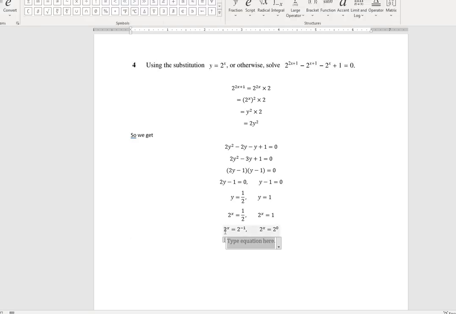If 2 to the power of x equals 2 to the power of negative 1, the base on the left equals the base on the right, which means the power on the left must be equal to the power on the right. So x must be equal to negative 1. In the same manner, you can solve the other part, so you get x equal to 0. Done.